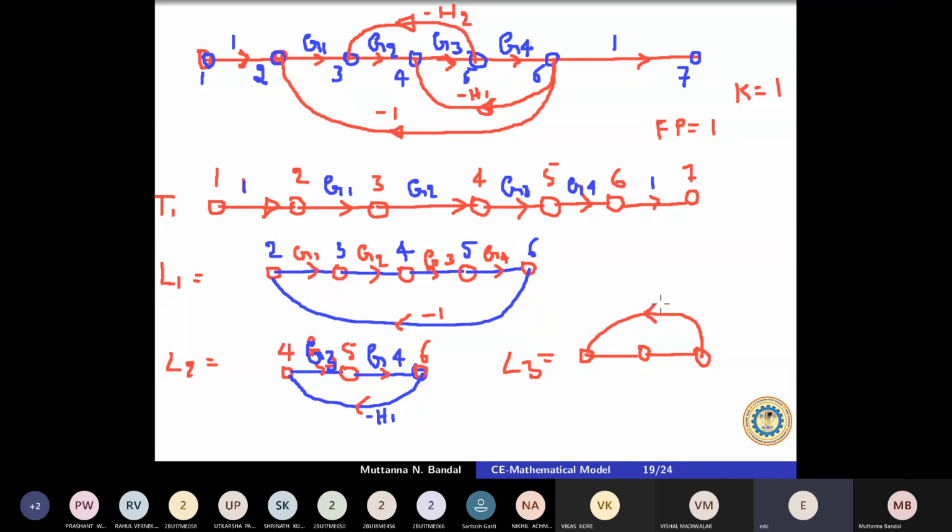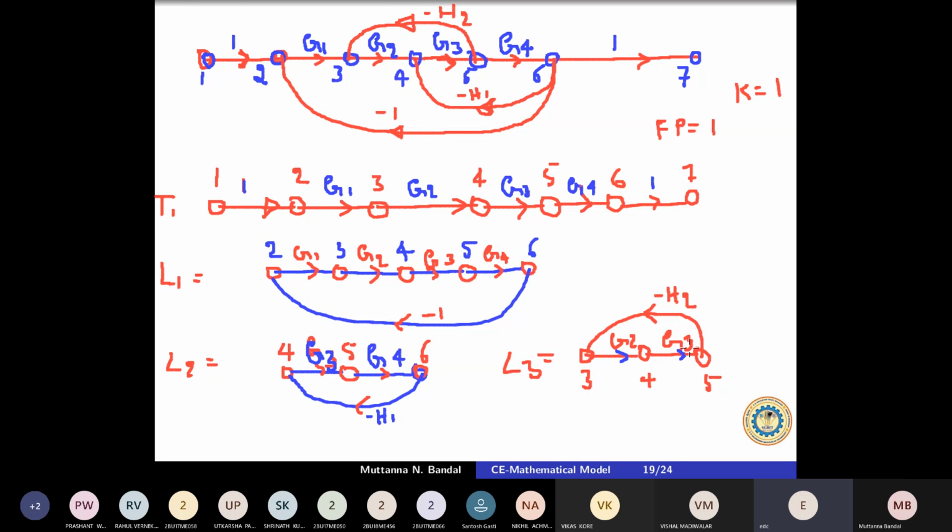So this I call it as minus H2 and 3, 4, 5. Let me represent the arrows. And this one is G2 and G3. Okay. You understood the concept of forward path and loops?